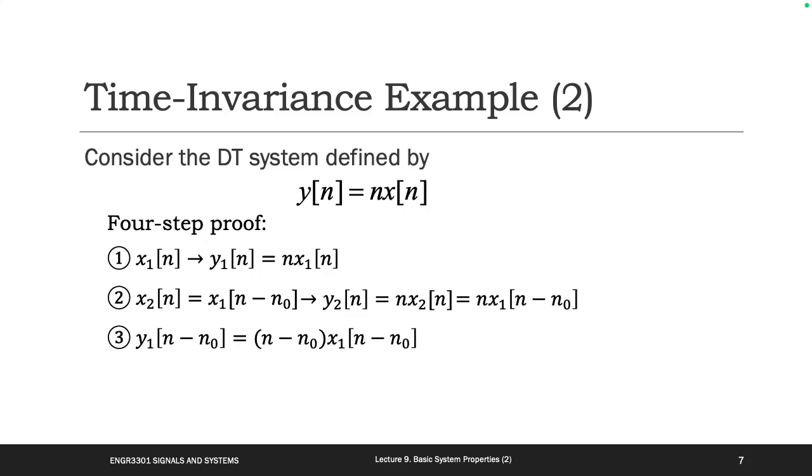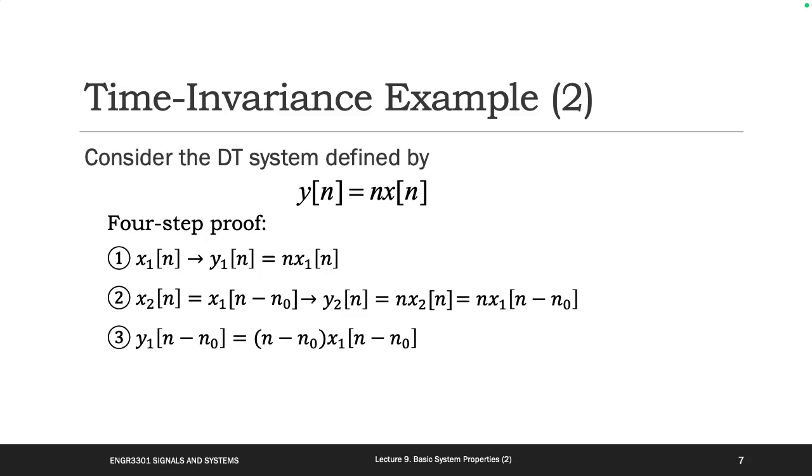Because we know y2[n] = n x2[n], so here, if we want to add this one, we just add n. So this one equals this one. Now, y1[n] equals n x1[n], y2[n] equals n x2[n], and y3[n] equals n x3[n].